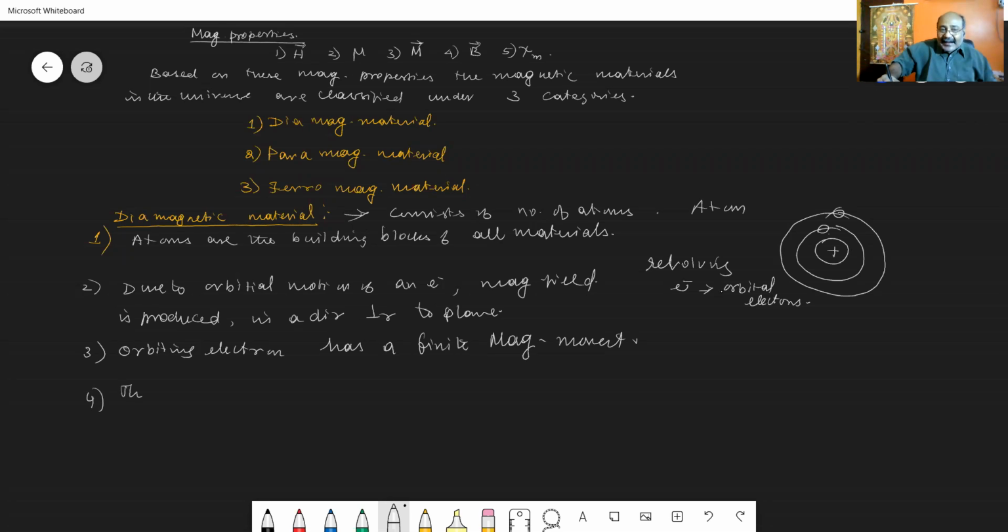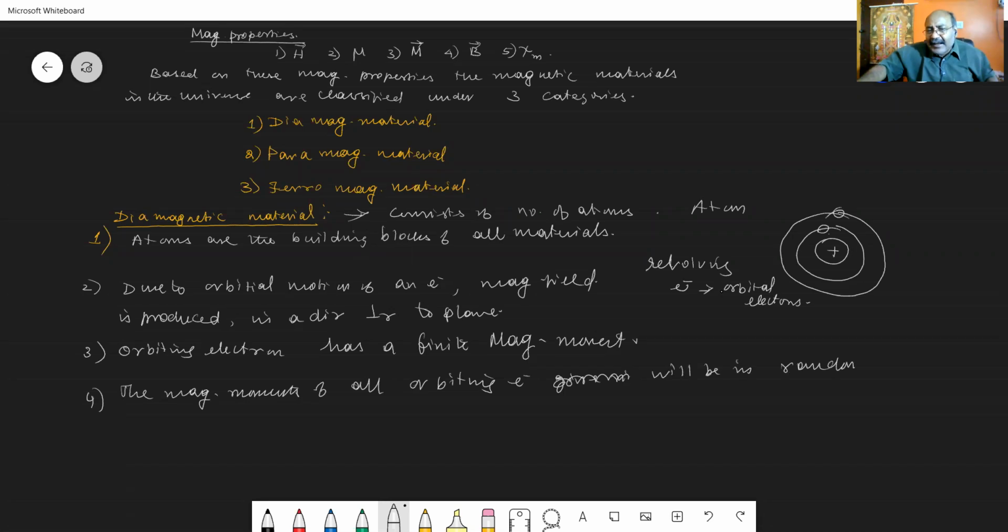So the magnetic moments of all orbiting electrons will be in random directions. One electron will have a magnetic moment in this direction, somewhere else another magnetic moment will be in the opposite direction, one in this direction, another one in this direction.